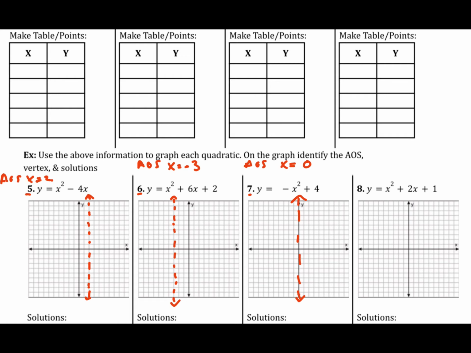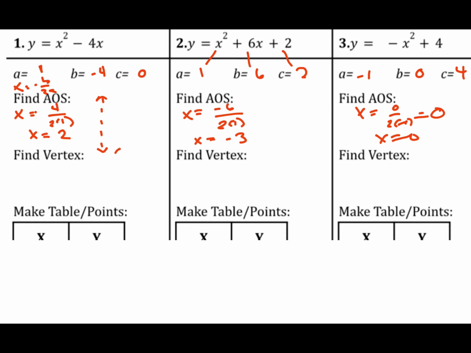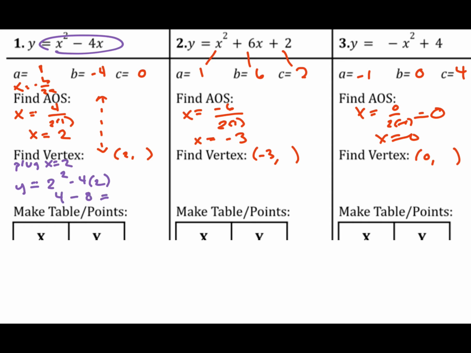Now, we're going to go back and find the vertex. So, remember that we just found the x value of each of these vertices. We just found the x value by finding the axis of symmetry. To find the rest of the vertex, to find the y value, we're going to plug in that x value. So y equals, and we're plugging that in up here, 2 squared minus 4 times 2, which is 4 minus 8, which is negative 4.